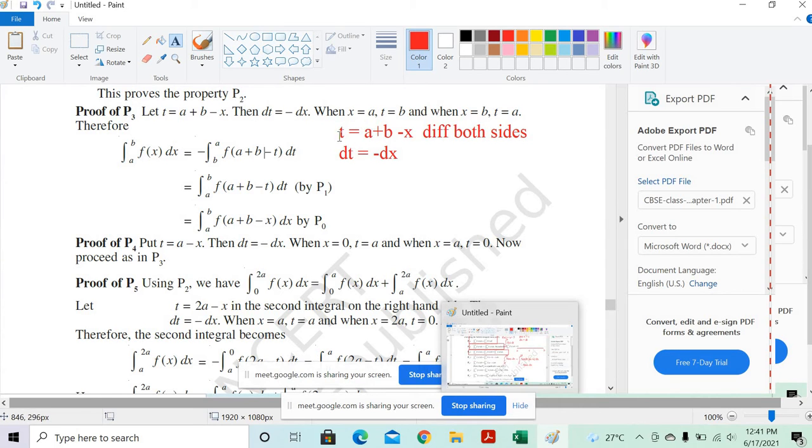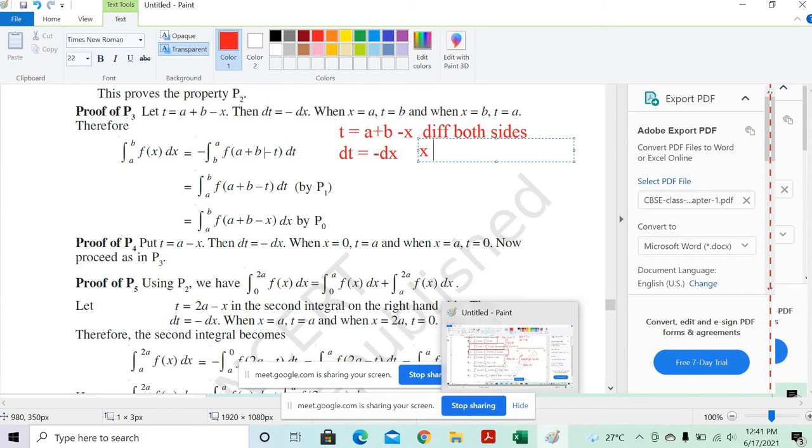Now you can change the limits right here itself. When x is equal to a, what will be the value of t? Then t will be equal to a plus b minus a, which is equal to b. When x is equal to b, then t will be equal to a. Correct?